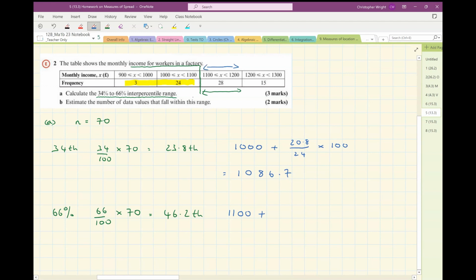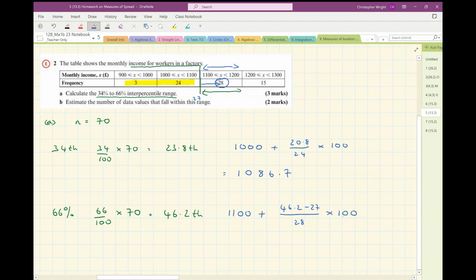Right, well, we've already dealt with 27 people. So how many people are going to need to go into this range? Well, that's going to be 46.2 minus the 27, over how many people in that class? 28. So I'm going to go that fraction of the way between 1,100 and 1,200.